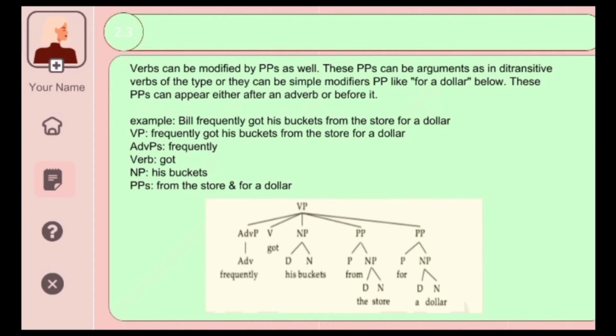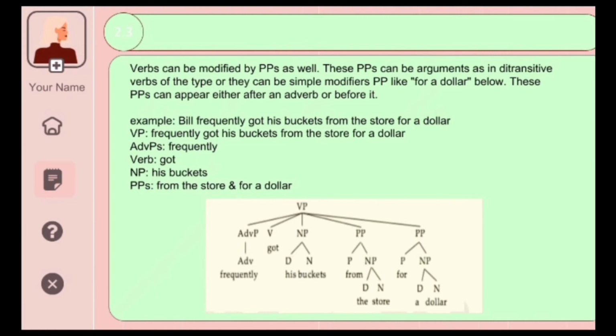Our verb phrase there is "frequently got his buckets from the store for a dollar." Our adverb phrase there is "frequently." Verb is "got." Noun phrase is "his buckets."